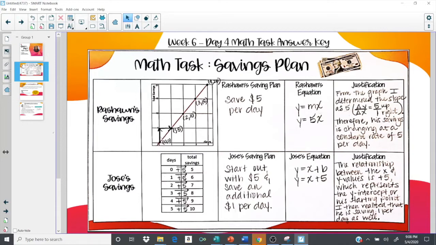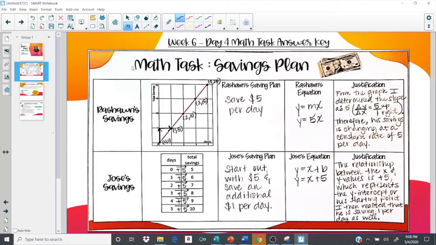All right. So from here, we can determine the slope by finding the vertical change over the horizontal change, which is the same as saying find the change in y over the change in x, or rise over run.